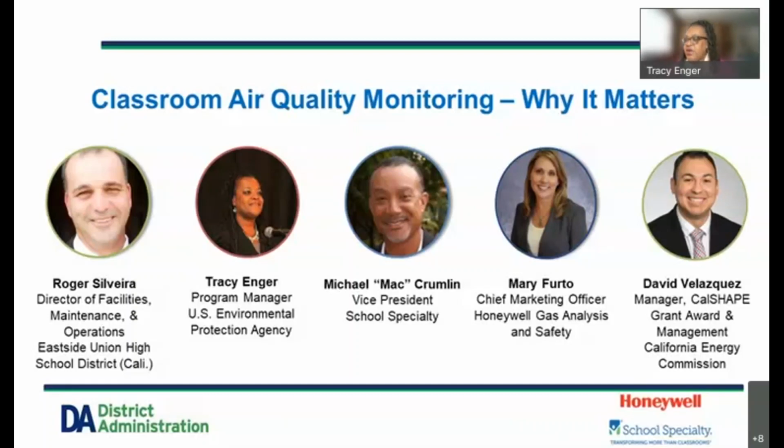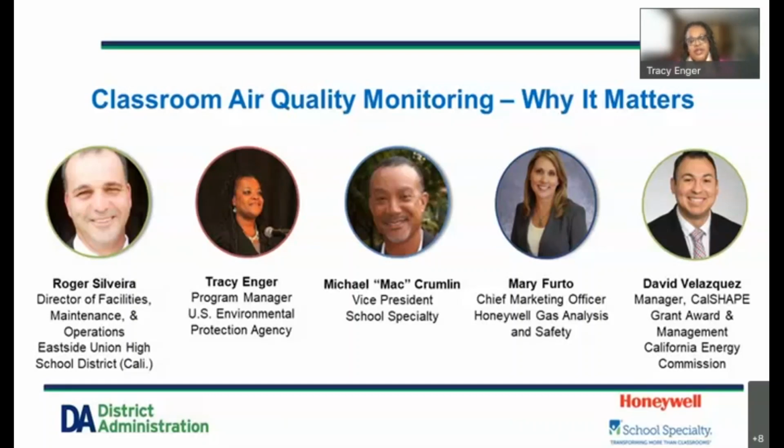And so when we talk about healthy indoor environments, the way that we look at it at EPA is that healthy school indoor environments are perched upon a three-legged stool. The first leg is managing the school facility to make sure that you have the best, most highly performing facility that you possibly can.